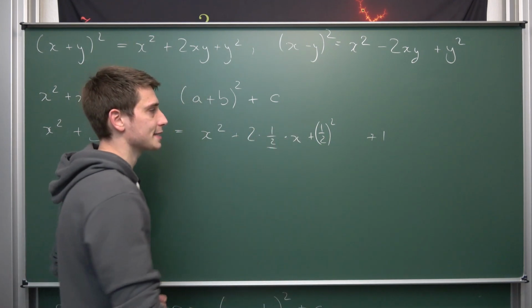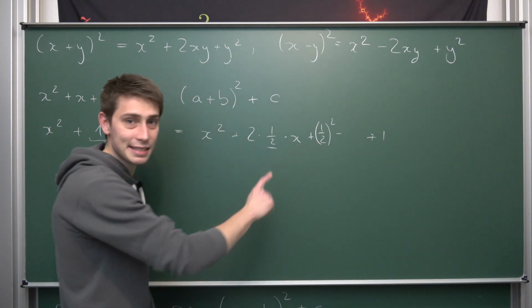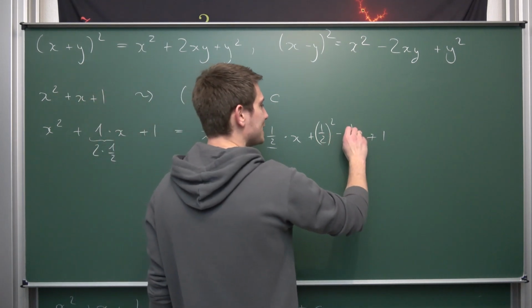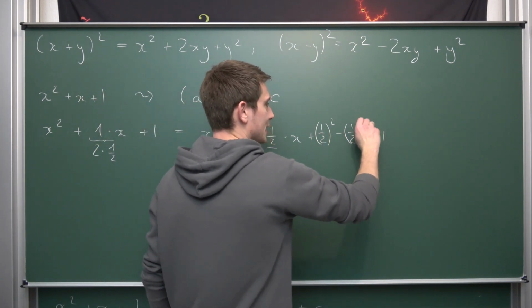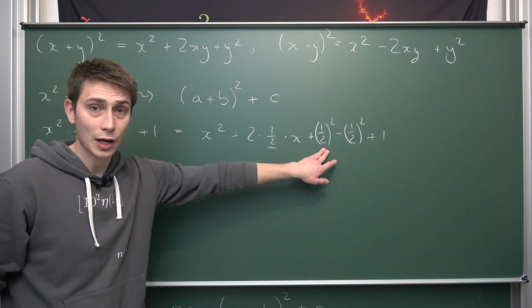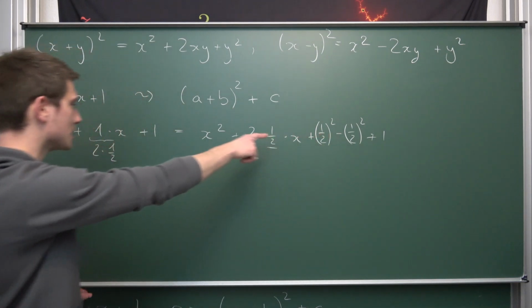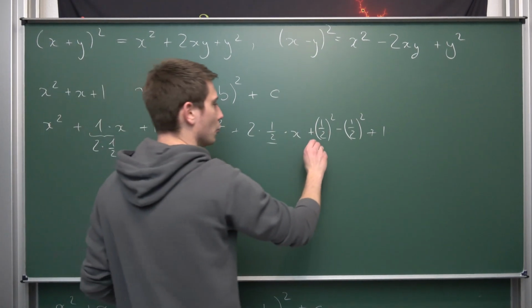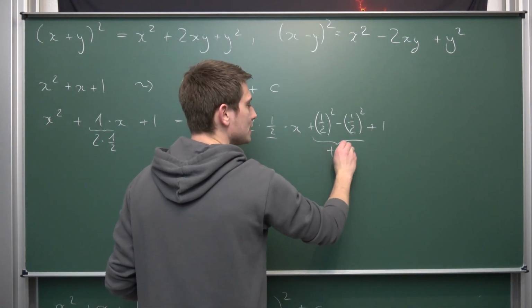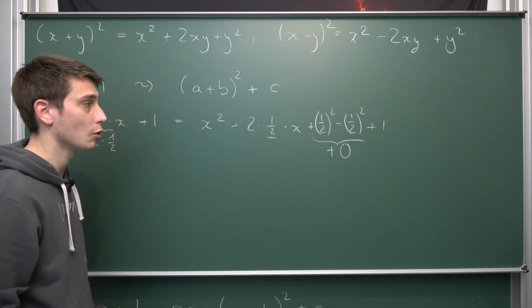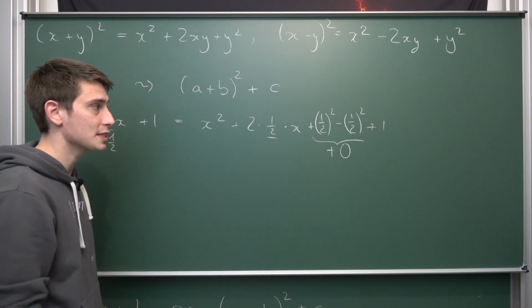This is how you can add a 0. Namely, you can add something to an equation, but at the same time subtract it again. Okay? Because 1/4 minus 1/4 is going to be 0 overall, which really doesn't change anything on those sides at all. Meaning, what we did is we added a 0 to this whole thing, changing nothing in the process.